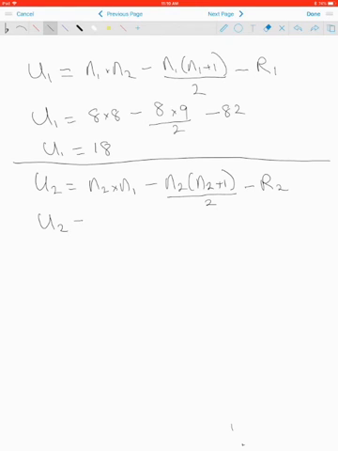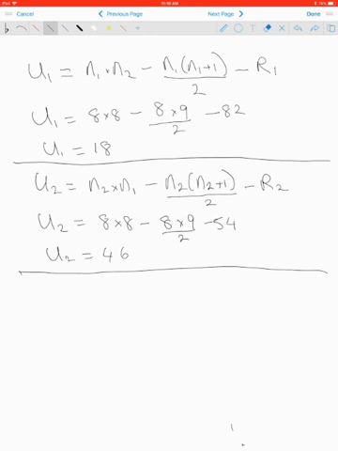So U2 in our case equals 8 times 8 plus 8 times 9 over 2 minus 54. And so the U2 value equals 46.